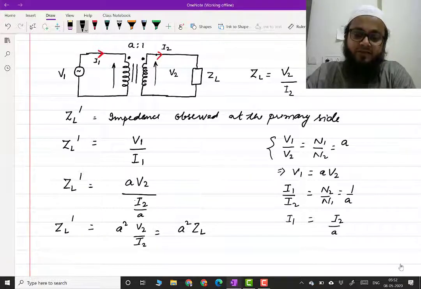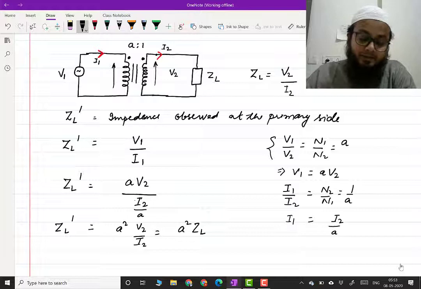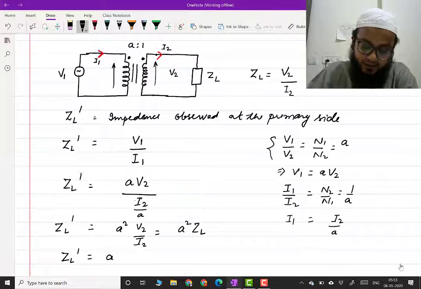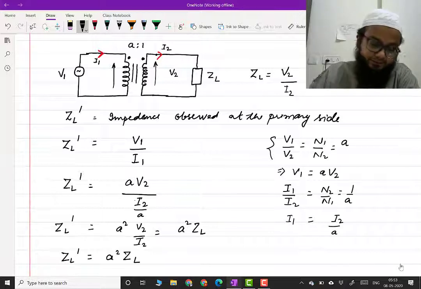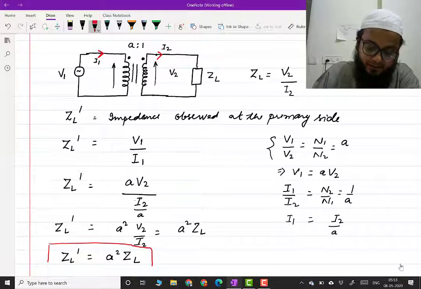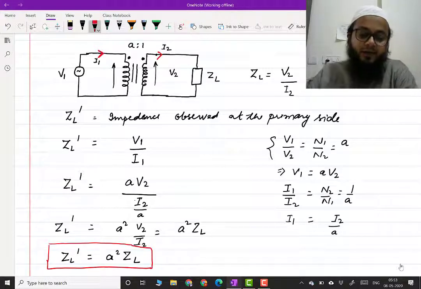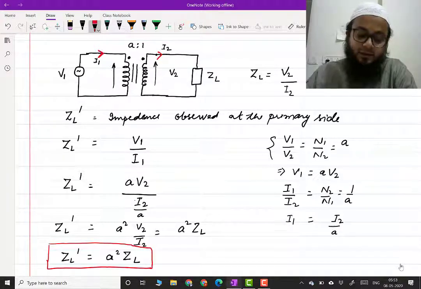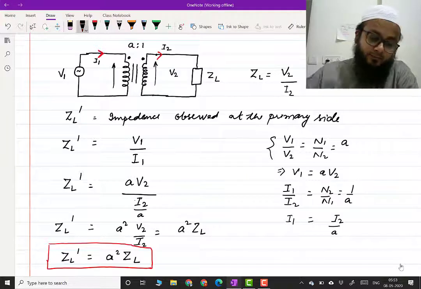If ZL we have defined as V2 by I2, then ZL dash, the impedance observed at the primary side, is A square times ZL. So the secondary impedance referred to the primary side is ZL dash equals A square times ZL.